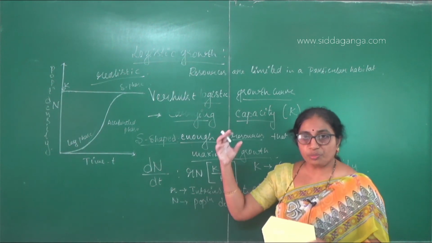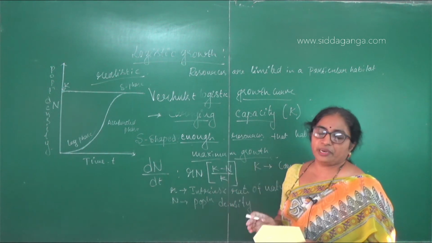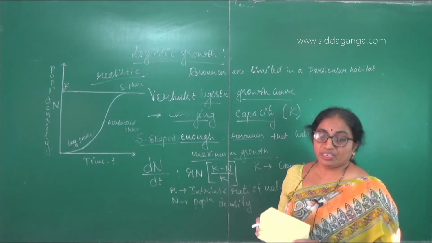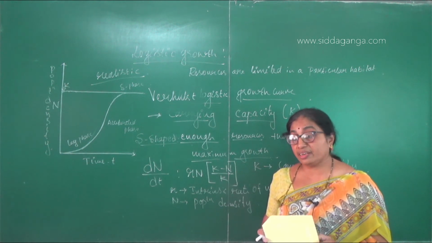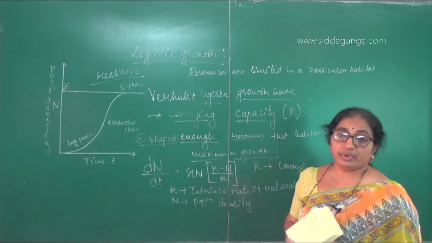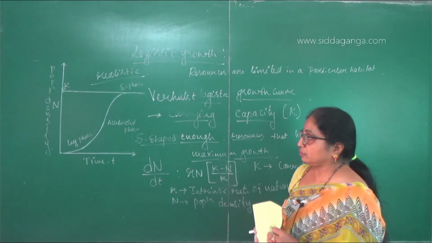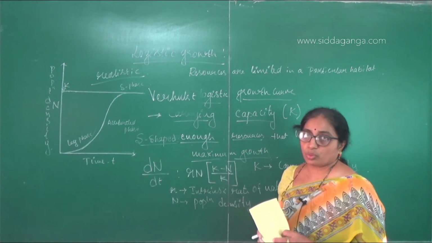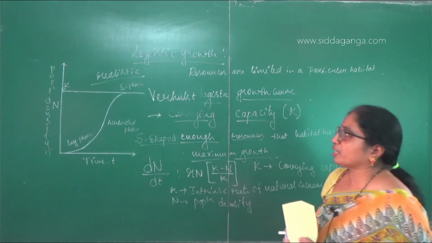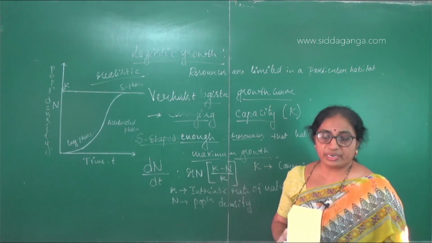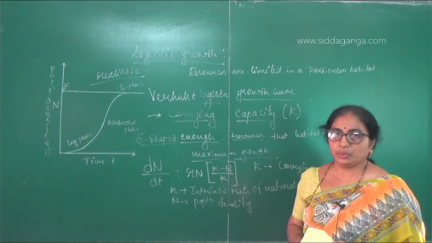So nature always tends to keep the population constant. In spite of that, the human population is increasing to alarming densities, which is quite dangerous. Anyhow, this is the logistic growth curve, which is more realistic than the exponential growth curve.